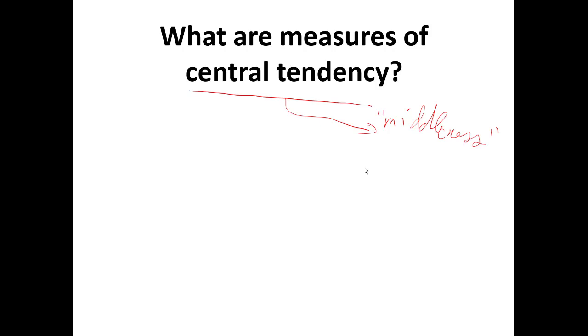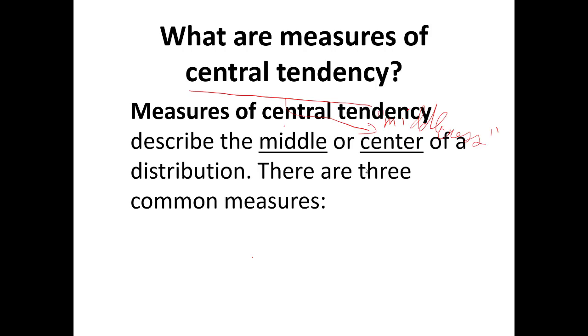All right. And there are a couple of different measures of the middle. They describe the middle or the center of a distribution. And there are a lot of different measures, but usually if you learn any, you learn these three.